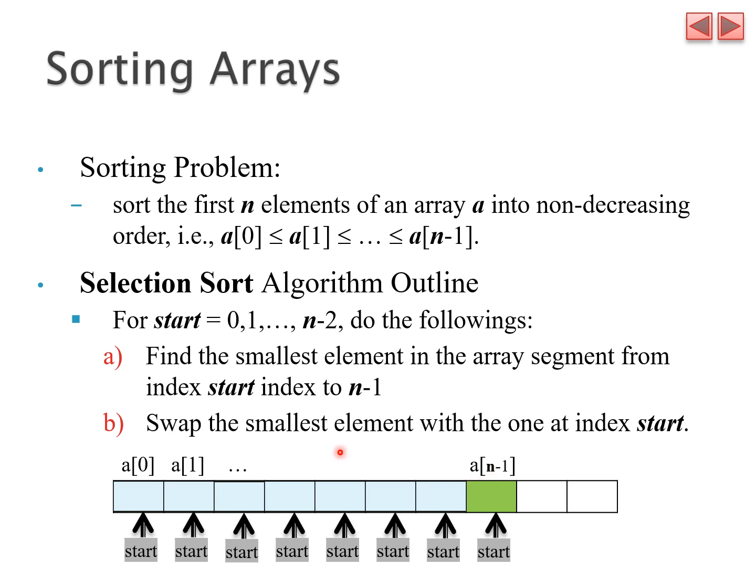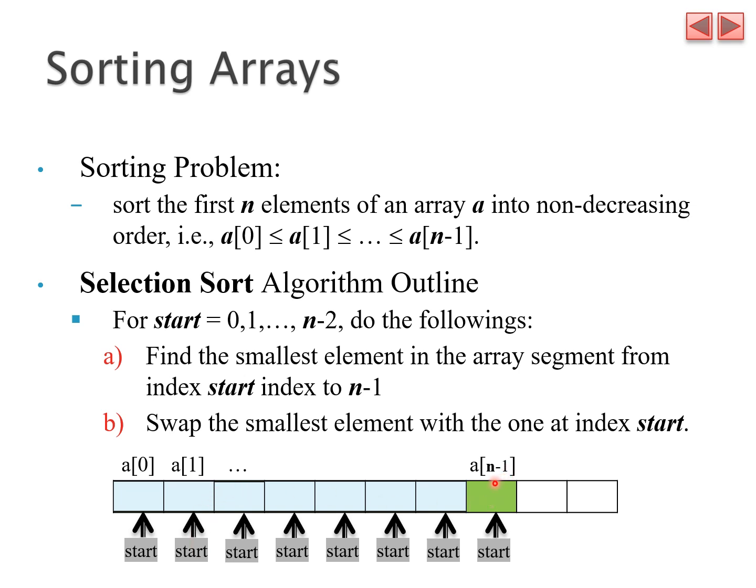This algorithm outline shows the loop with variable start being the counter controlled variable, and the body of the loop shows the steps to reduce the unsorted array segment by 1. The first step is to find the smallest element in the current unsorted array segment, which has index from start to n minus 1.